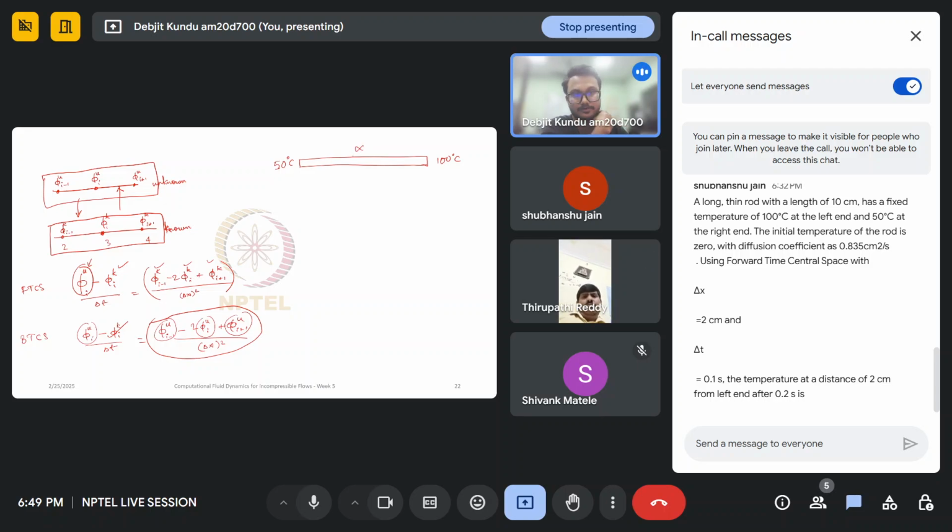I'm not worrying about the number for now. And there are given delta x's and delta t's as well. So in your case, you just have to calculate. I think this is just a calculation exercise. And your initial condition: all the temperature at time t equal to 0 is basically 0 degrees Celsius, right?